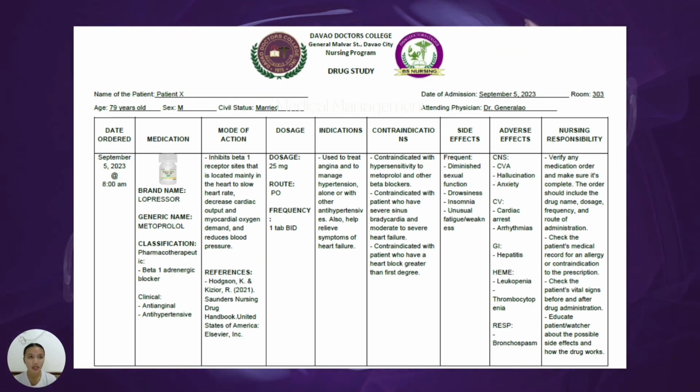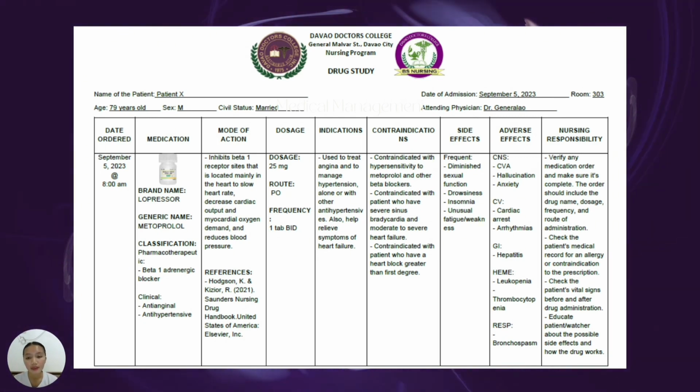And also, it is not for patients who have a heart block greater than first degree. If you have greater than first degree, for example the second degree heart block, then you may need a pacemaker to keep your heart beating as it should be.